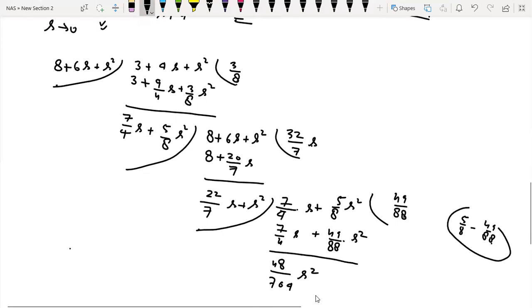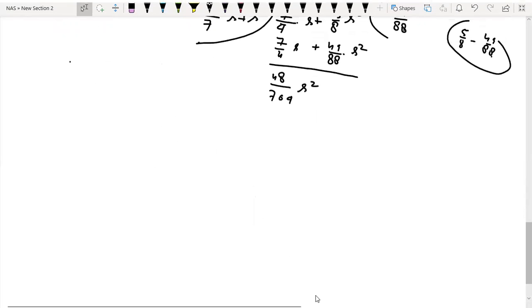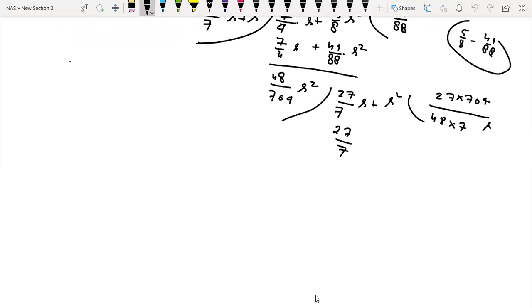Okay, so now just wait. Now the next term, I have to divide the function by it. The next term is 27 by 7s plus s square. The remainder will be 27 into 704 upon 48 into 7. What is left? This is 27 by 7 and that is s. Now the remainder is s square.